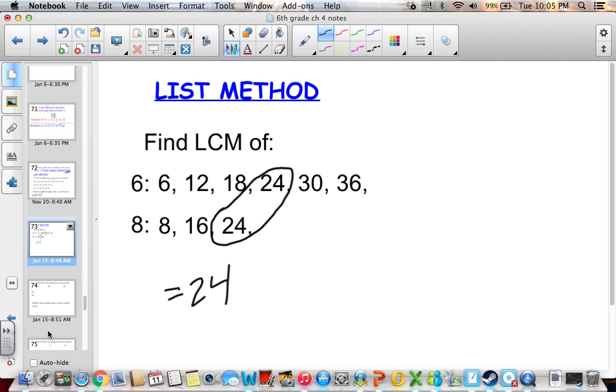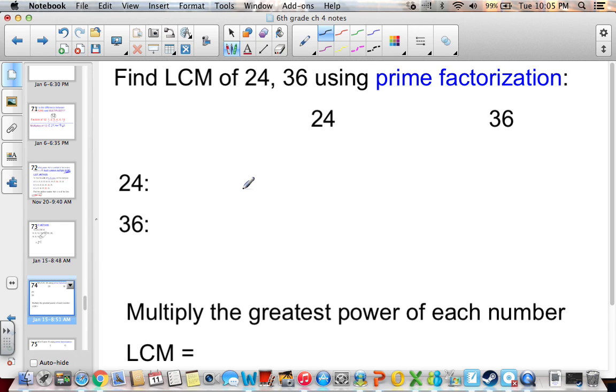The next method is by using prime factorization, which we're getting really good at. So what you need to do is take the prime factorization of each of the numbers. So if we're finding the least common multiple of 24 and 36, we're going to take the prime factorization of 24, which I'm going to do 2 and 12. 2 is prime, so I'm going to circle it.